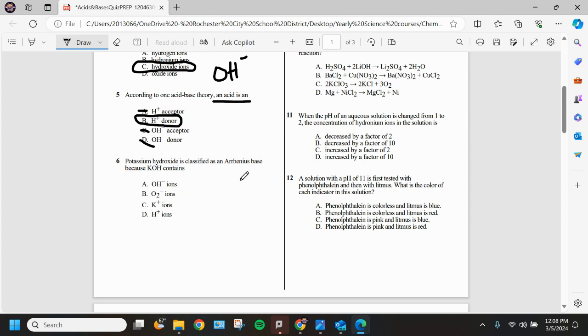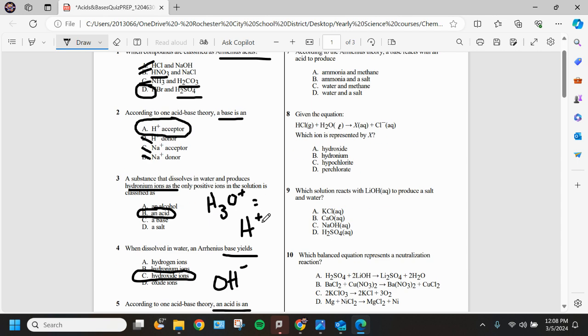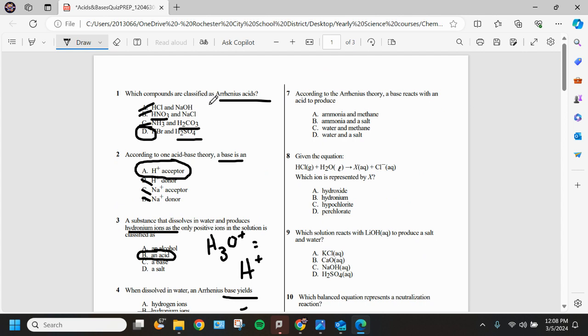Acids donate H plus or create H plus in solution. Potassium hydroxide is a base because it contains OH minus ions. This one's pretty straightforward. We're pretty good right now with acids are H plus and bases are OH minuses. All of these other things are distractors. That's a major distractor. This H plus is an acid, so that doesn't fit our problem.